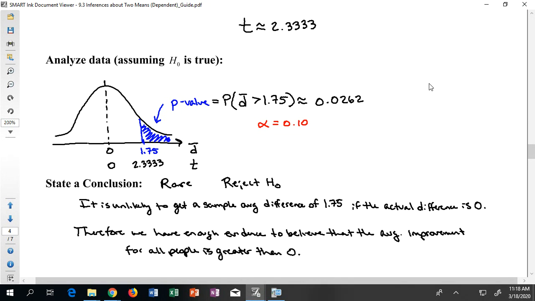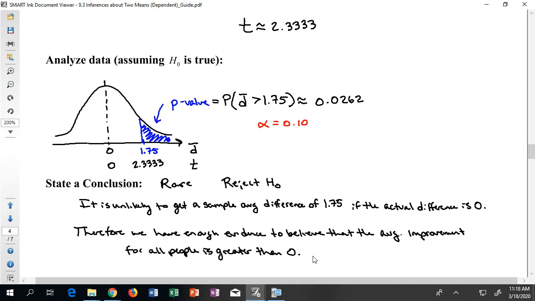That there actually was some improvement. If we're rejecting H0, we think H1 sounds like the better conclusion to reach. So this is a really powerful idea that we can start to utilize now, that we can deal with these dependent samples.